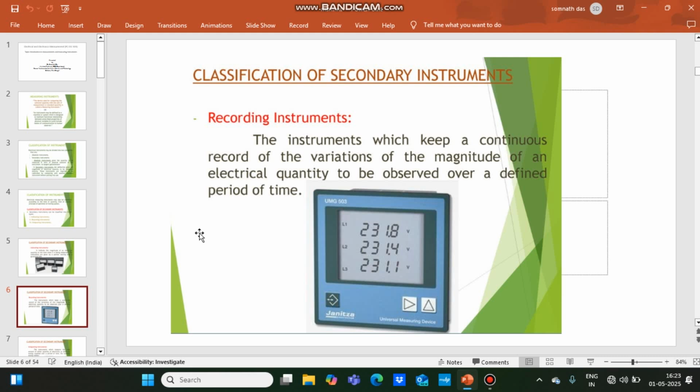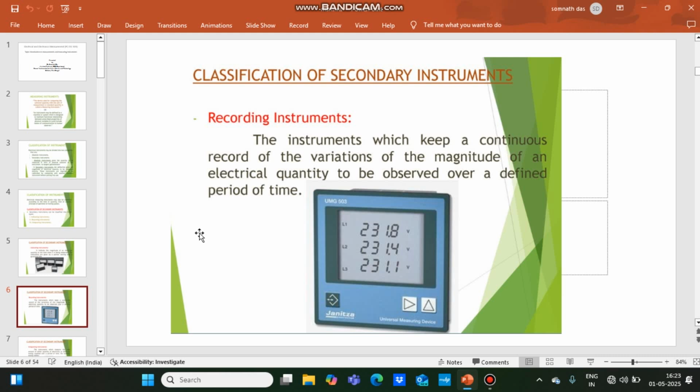For this purpose, recording instruments are used. In a substation, we need to record the value of the supply voltage over time. So after a certain time interval, the value is recorded. That's why recording instruments are used.